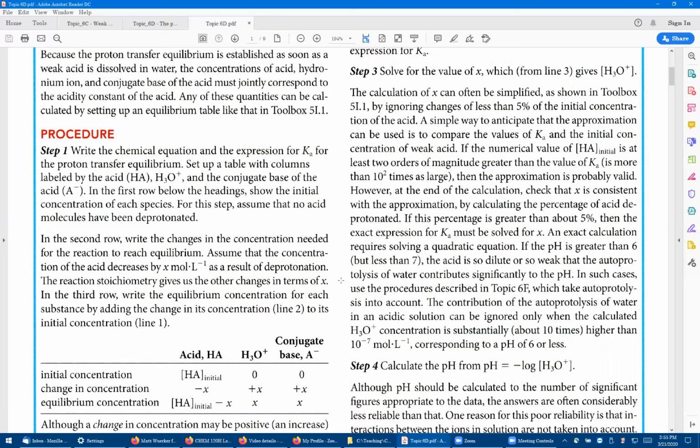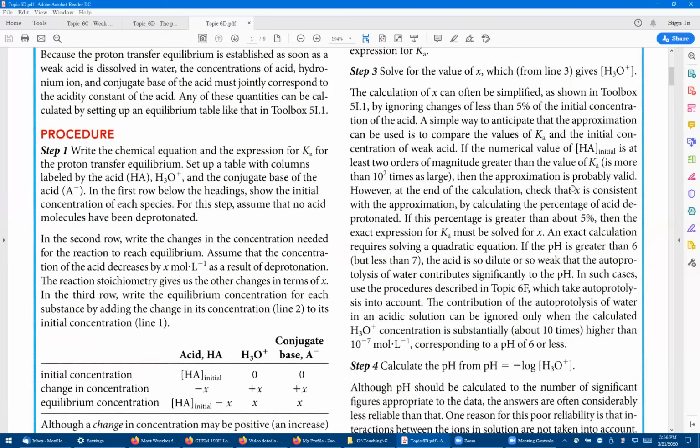And because of the two concentrations, the hydronium ion and the conjugate base, you wind up with a quadratic equation. But there is a way to simplify this that works in almost all cases. We'll get to that when we go to one of the actual problems.